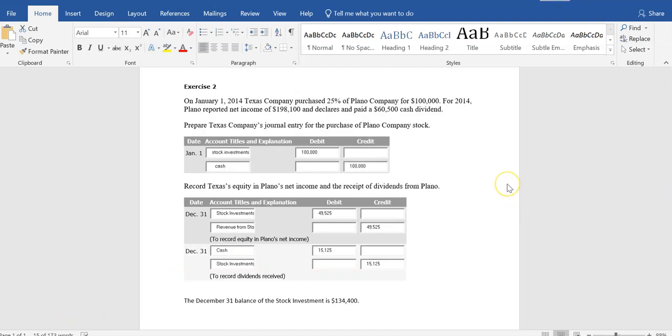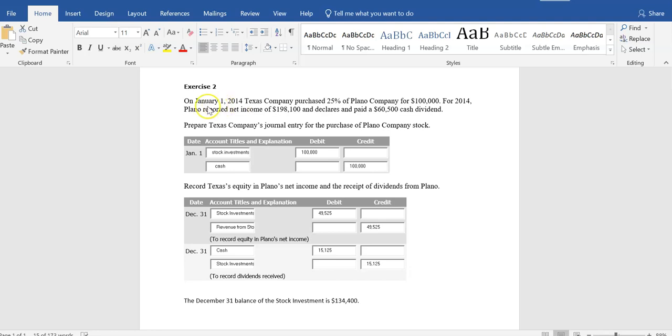In this next exercise, we are working with the purchase of an investment for which the company can exert significant influence. When a company purchases stock of another company that exceeds 20% but is below 50%, it is assumed that the purchasing company can start to exert some significant influence over the portion of the company that it bought.